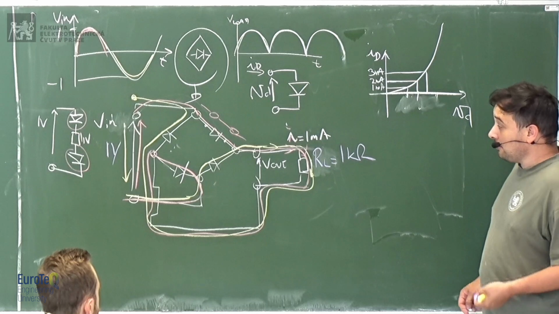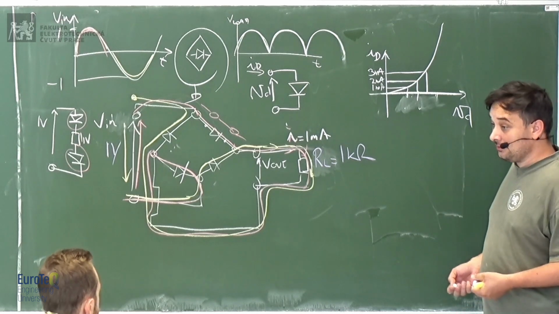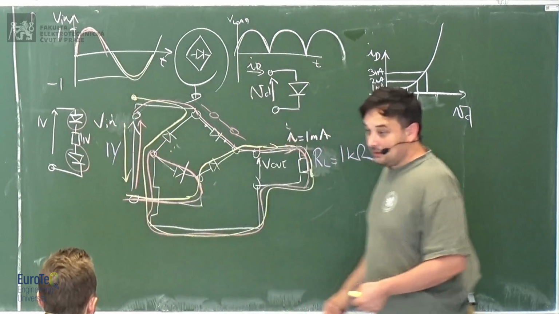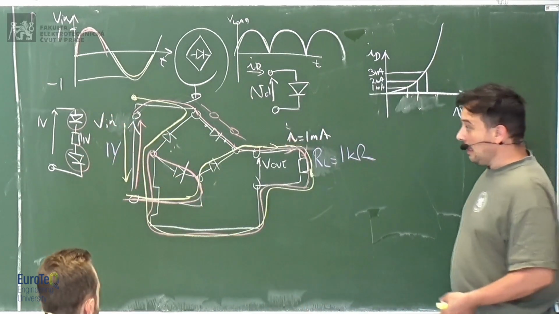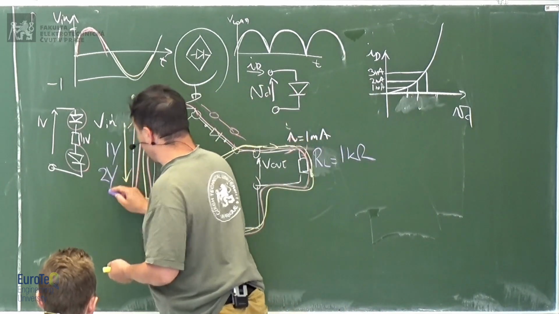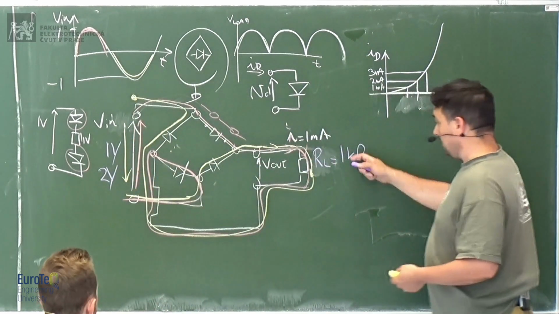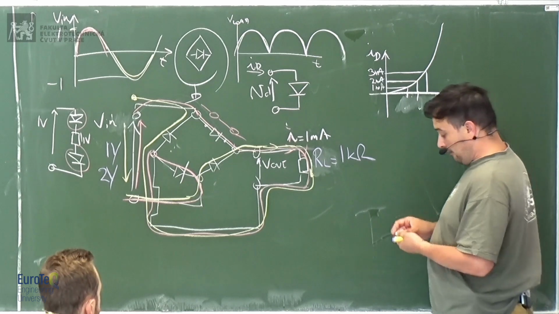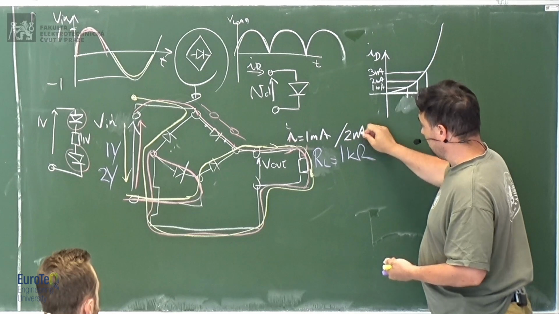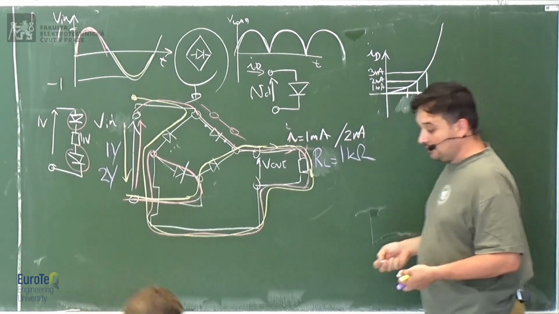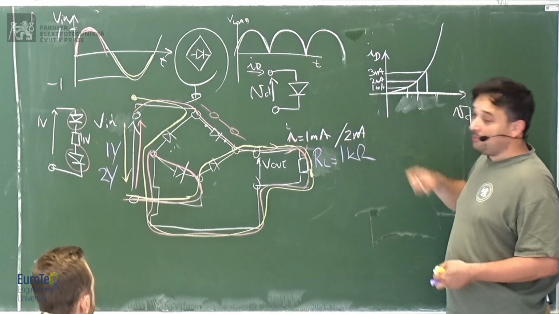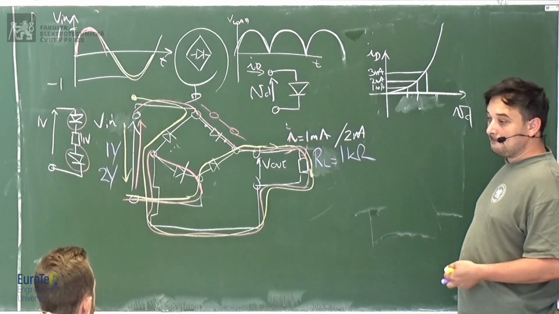But actually I should give some extra voltage to compensate the fact that here I have some diodes. I put here 2 volts, still 1 kilo, I would have 2 milliamp. So again, I should add some extra voltage. But this extra voltage is not proportional to the current.